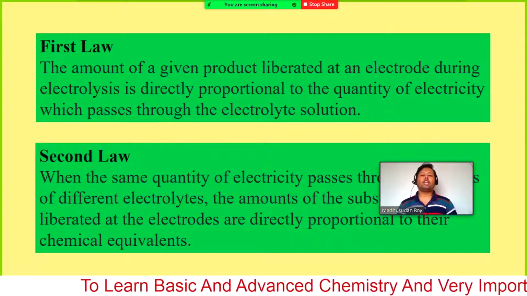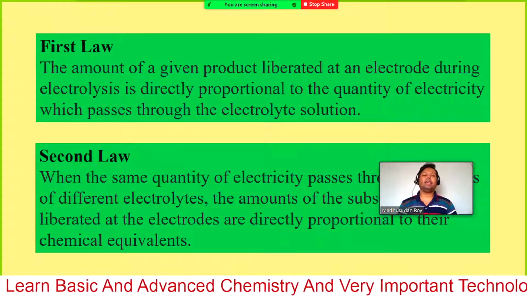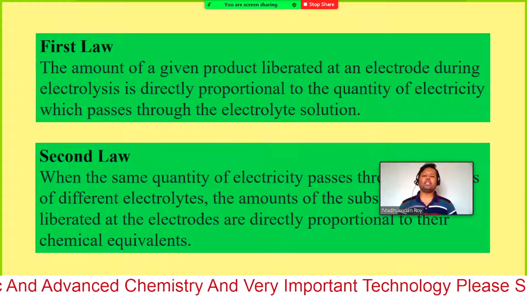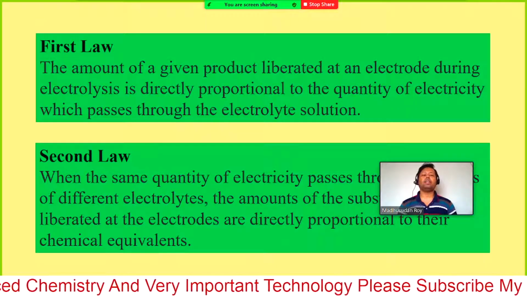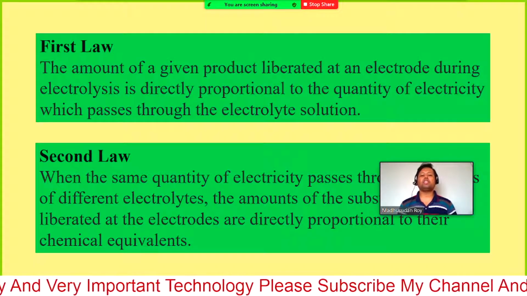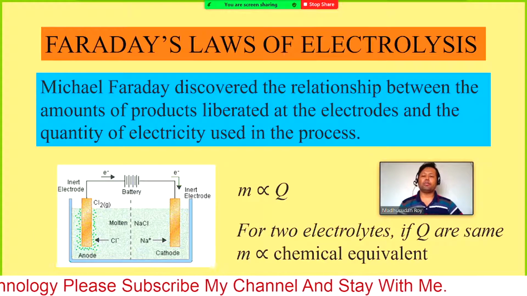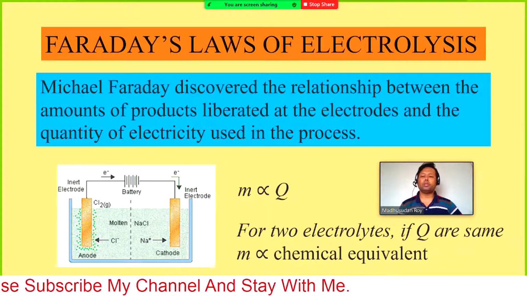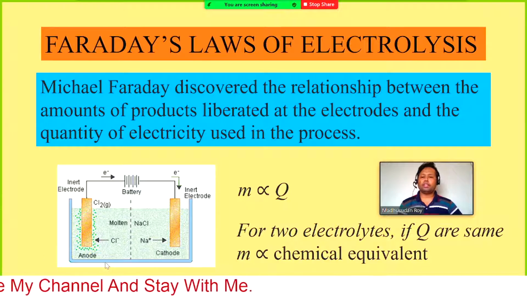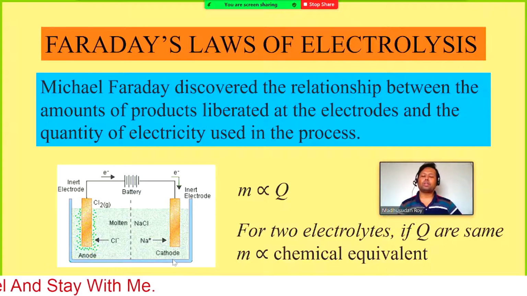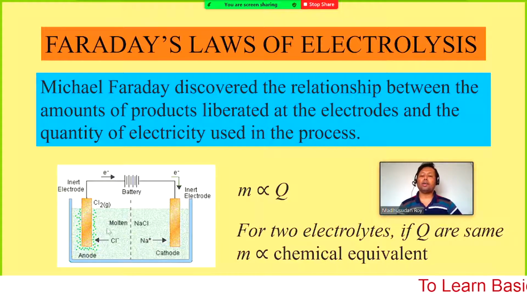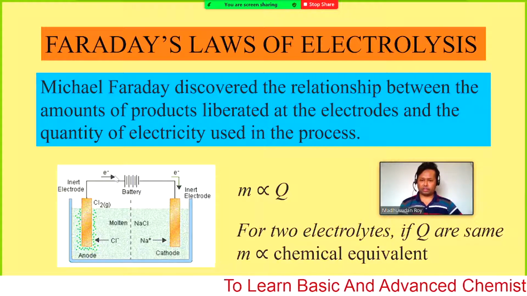The amount of a given product liberated at an electrode during the electrolysis is directly proportional to the quantity of electricity which passes through the electrolyte solution. Already I have mentioned that if you supply some electricity through the electrolyte, the amount of substance deposited or liberated is directly proportional to the amount of electricity supplied through the electrolyte.